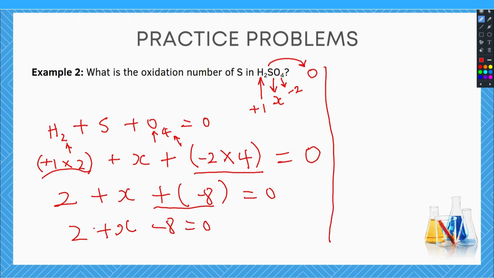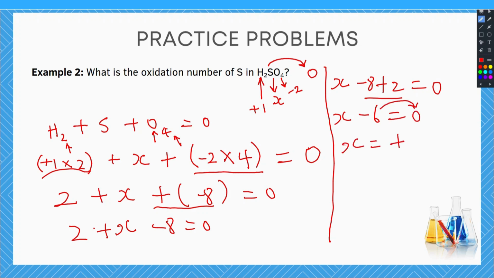We have X now, minus 8 plus 2 equal to 0. Now, minus 8 plus 2 gives us minus 6 equal to 0. So let's take this 6 to the other side. Therefore, X is equal to plus 6. So therefore, the oxidation number of sulfur in H2SO4 is plus 6.